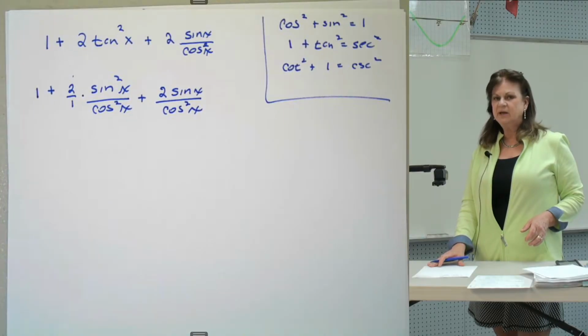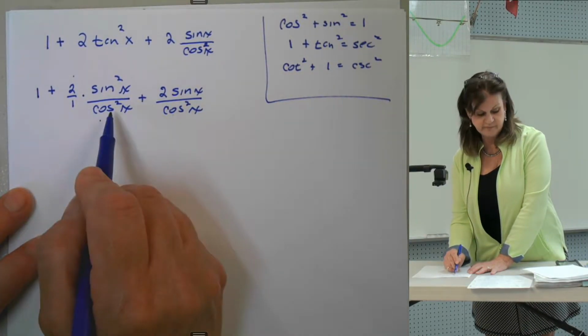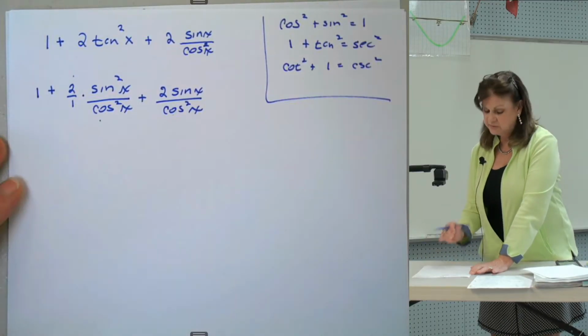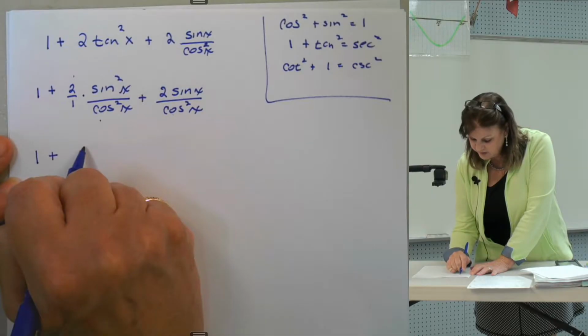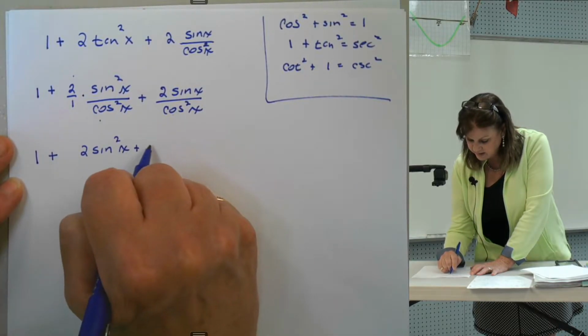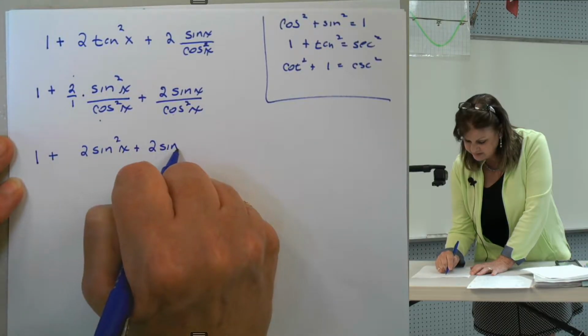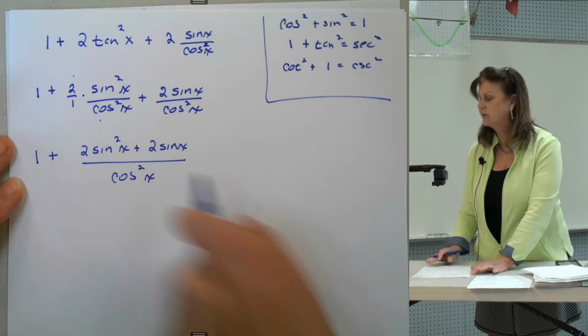And by doing that, we've uncovered that we have common denominators on these two fractions. So now I'm going to add those fractions together, and I've got 2 sine squared x plus 2 sine x all over cosine squared x.